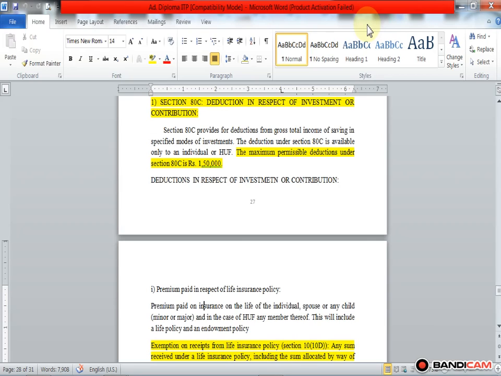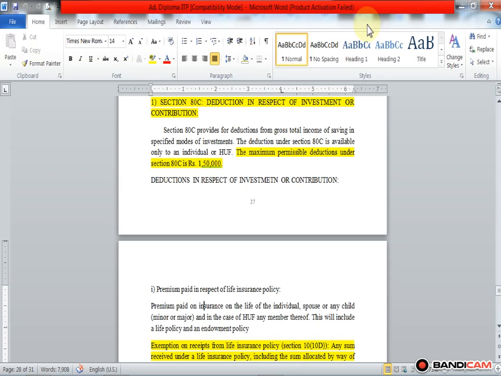The assessee will invest income in provident fund, national savings certificate, Jivan Dhara scheme, and life insurance premium. The assessee can take LIC for himself, for spouse, and for children.